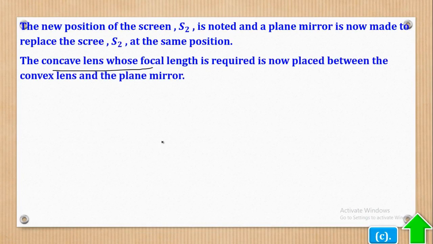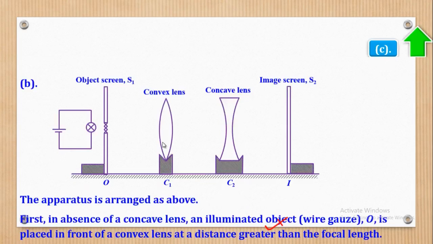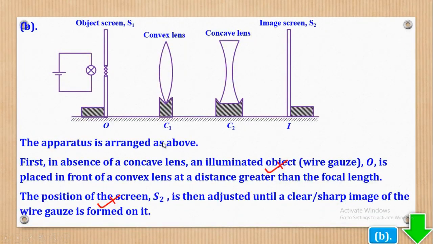The concave lens whose focal length is required is now placed between the convex lens and the plane mirror. So now we shall place the concave lens between the plane mirror and the convex lens, which is here.